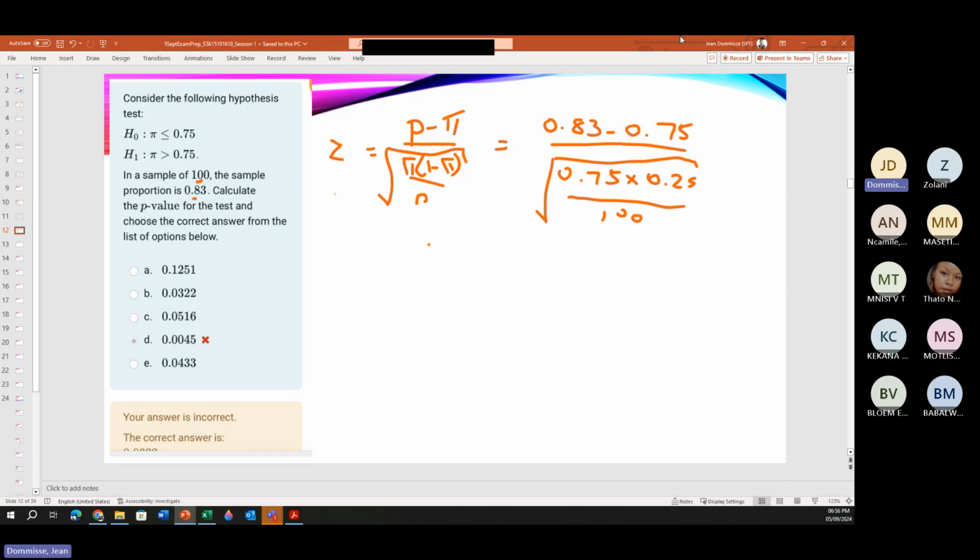Okay, my calculator is now taking this very slow, so let me just do this step by step. 0.83 minus 0.75 is equal to 0.08.